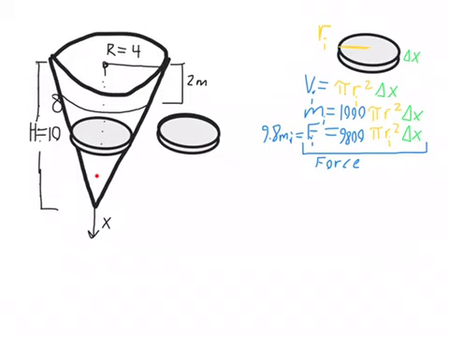And each disk is progressively smaller and smaller. So we want to have some kind of setup that represents both the actual volume based on how far down we are here, then the actual mass and the actual force based on how far down we are from the top.